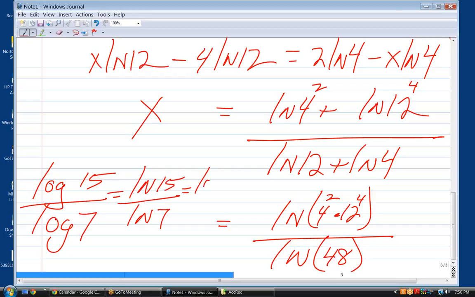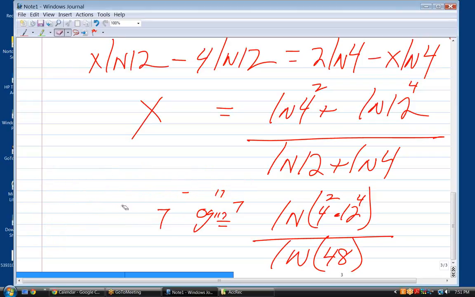It's the same as the log base 117 of 15 divided by the log base 117 of 7. In other words, all those ratios are the same. So it doesn't really matter in our problem whether I use natural log or common log. I get the same ratio. And your calculator would end up giving you the same number whether this says natural log or common log or anything else.